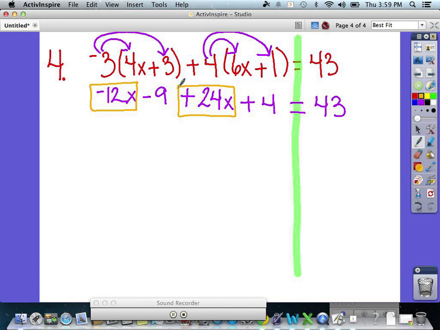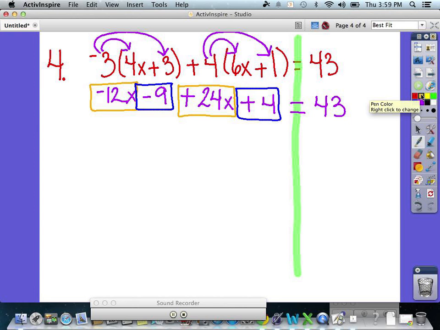We also have a negative 9 and a positive 4. Now, if you notice, I use different colors. I just want to join together the terms that are alike. So I'm just going to use my colors to help me distinguish what numbers are alike.